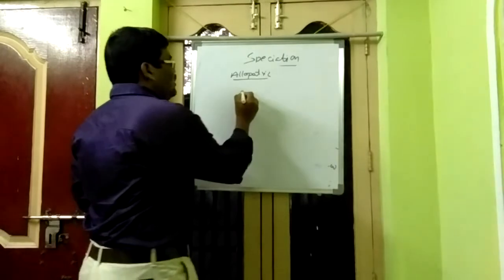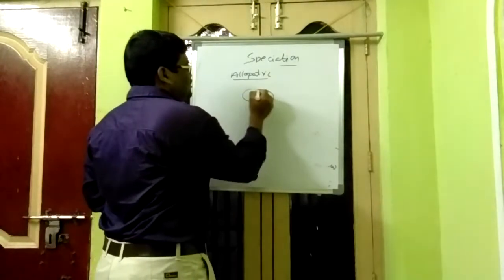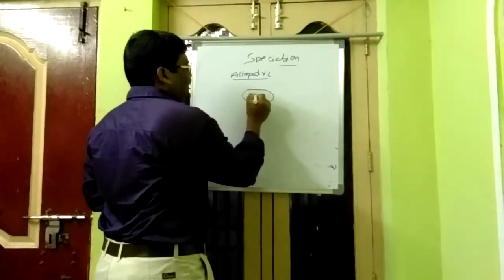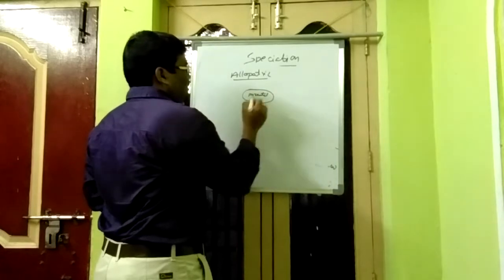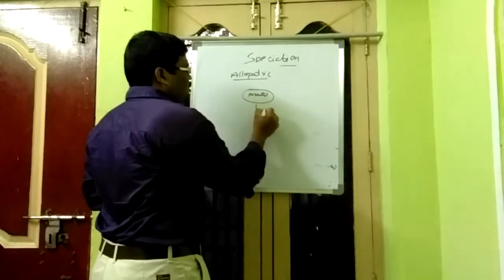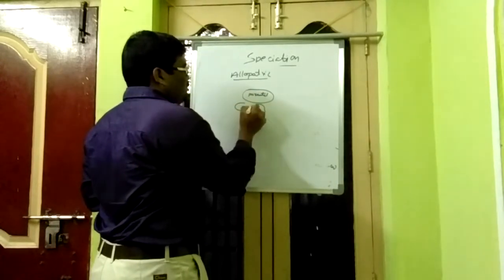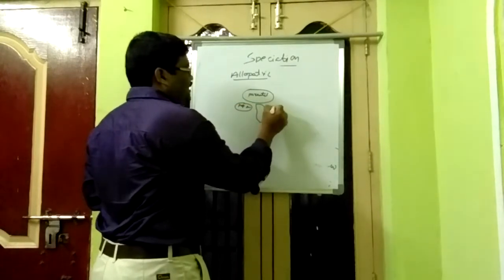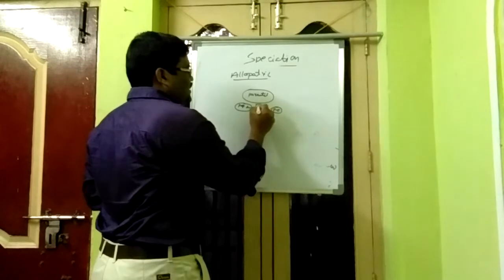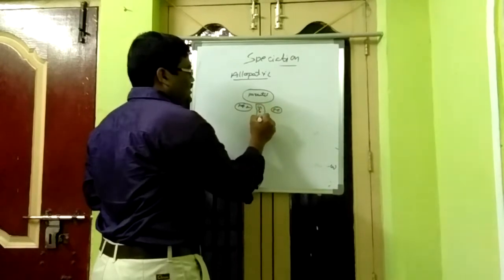For example, a small group of individuals is the parental population. Because of a specific geographical barrier, it splits into population A and population B. This is the geographical barrier.